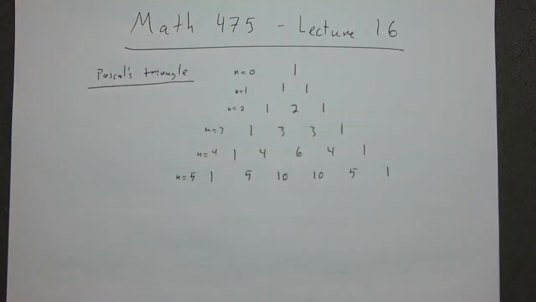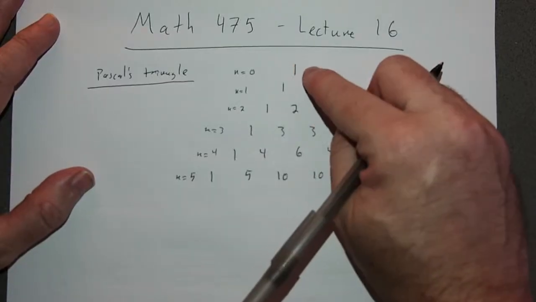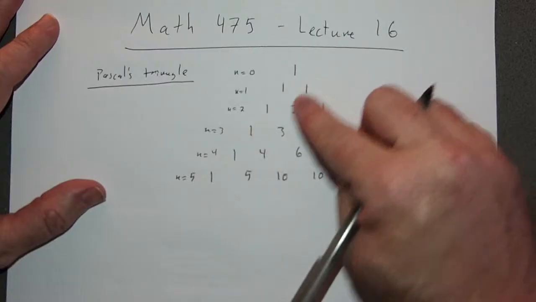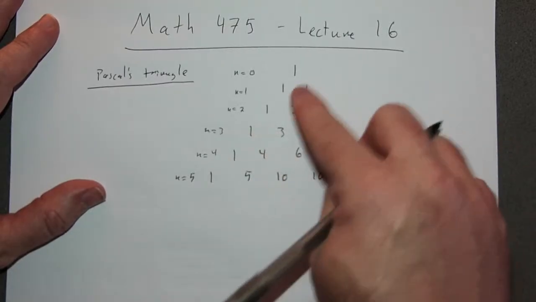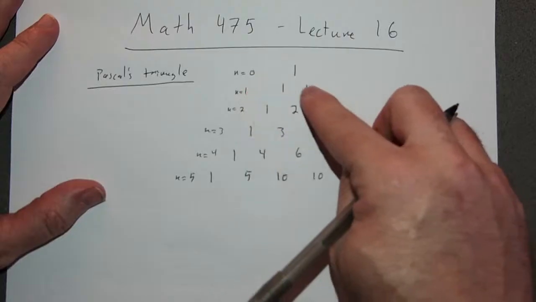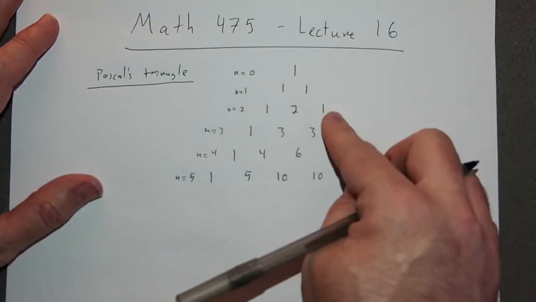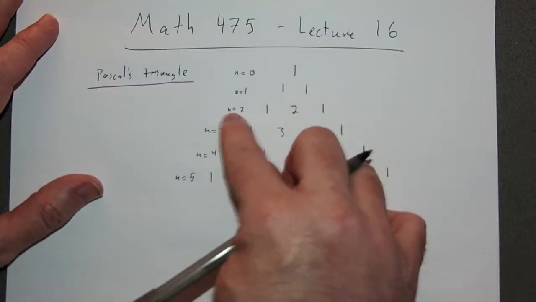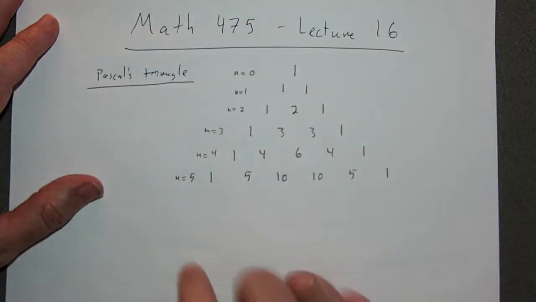And then the k level, if you view it in this way, the k equals 0 are these terms, k equals 1 are these terms, k equals 2 are these terms. You'll notice that when k is equal to 1, this is n choose k, or n choose 1, it's always going to be n. So when n is equal to 1, it's 1. When n is equal to 2, it's 2, 3, 4, 5, and that's going to count up in that fashion.